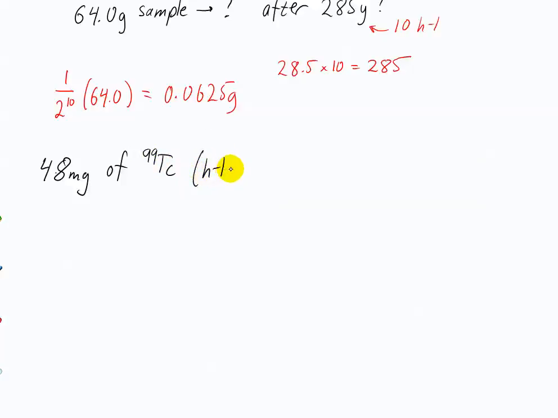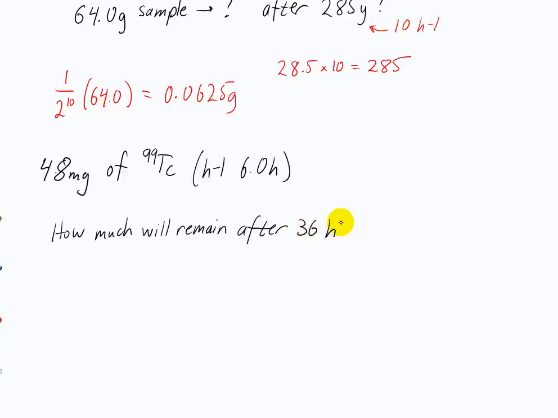And that has a half-life of 6 hours. How much will remain after 36 hours, so a day and a half? Everybody try to get a number for this one on your own, and then we'll talk about it.